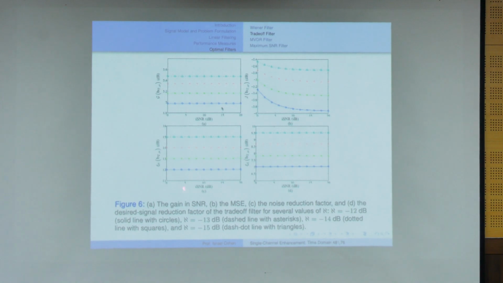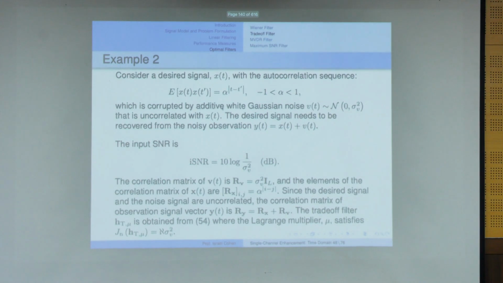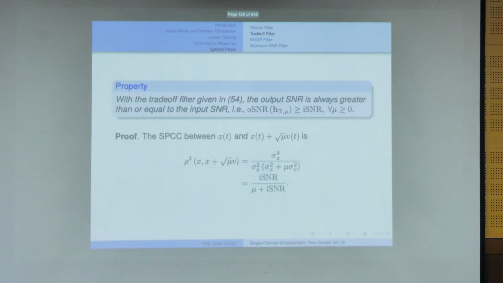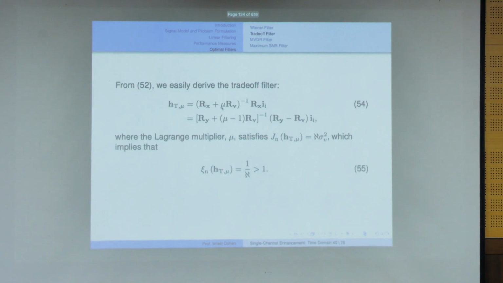First we see that for different values of aleph, the noise reduction factor is constant as a function of input SNR. Of course, because this was our constraint. We chose mu such that the noise reduction factor will be minus aleph. It's here, this constraint. Jn is the mean squared error based on the noise reduction.